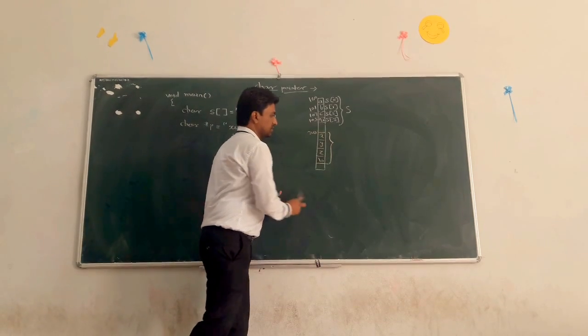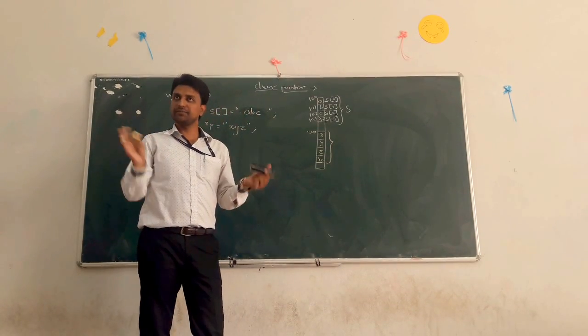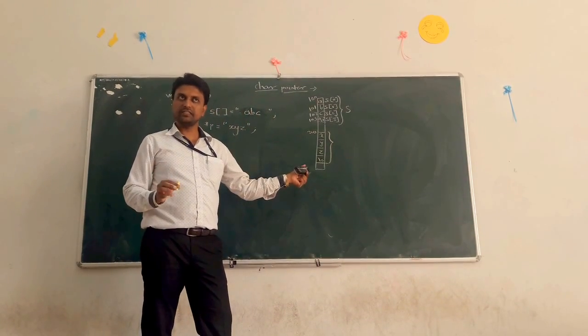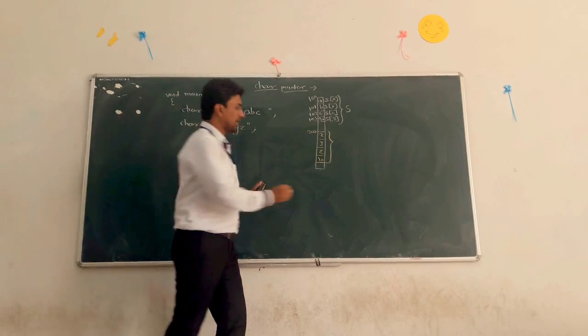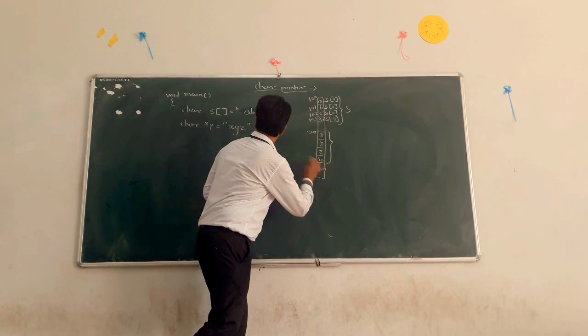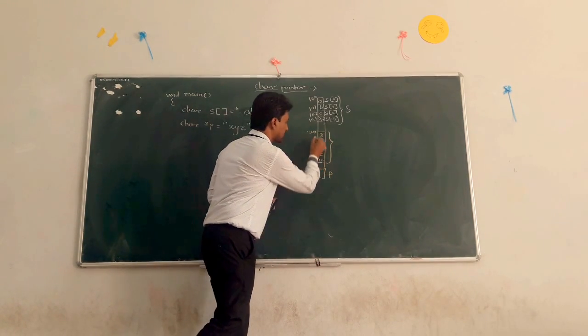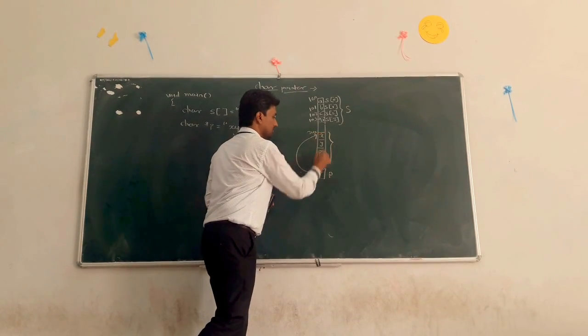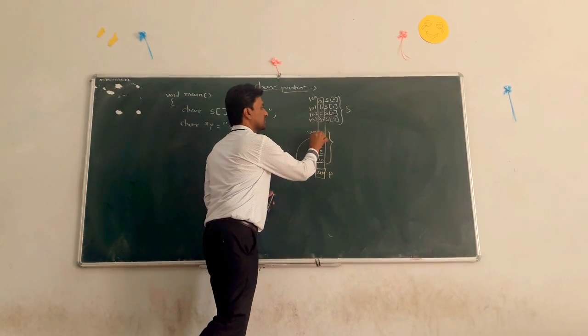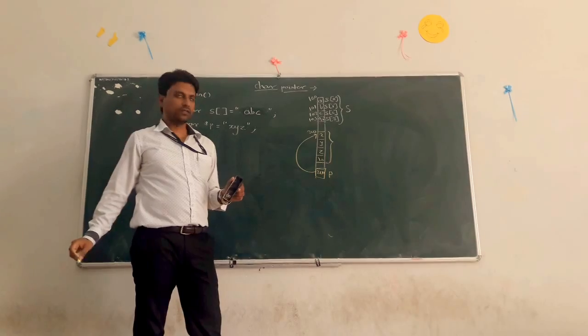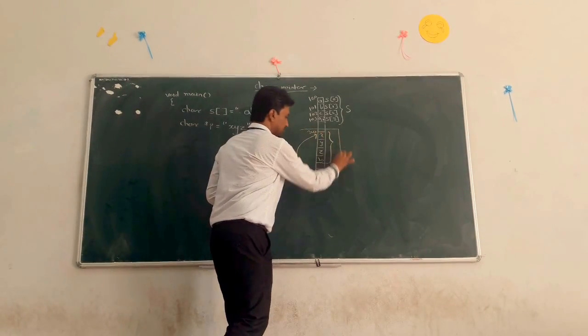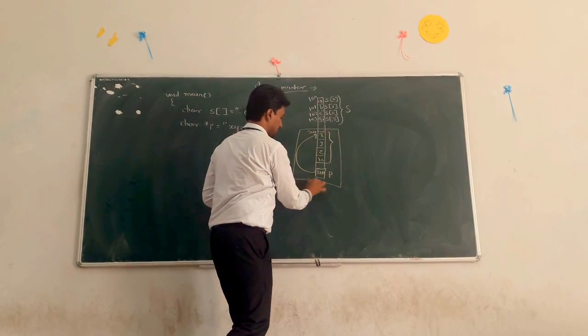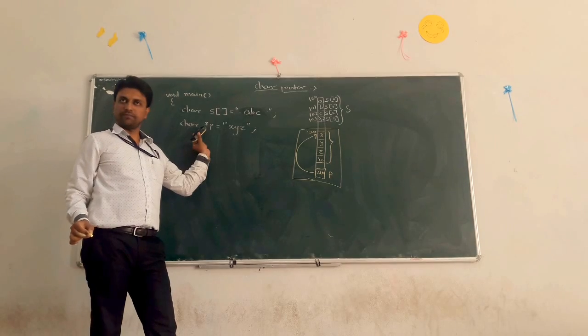Clear? It is stored randomly anywhere in the stack partition, and p is now a pointer type variable which stores the address of that first character, that is 200. This is the memory management for a character pointer.